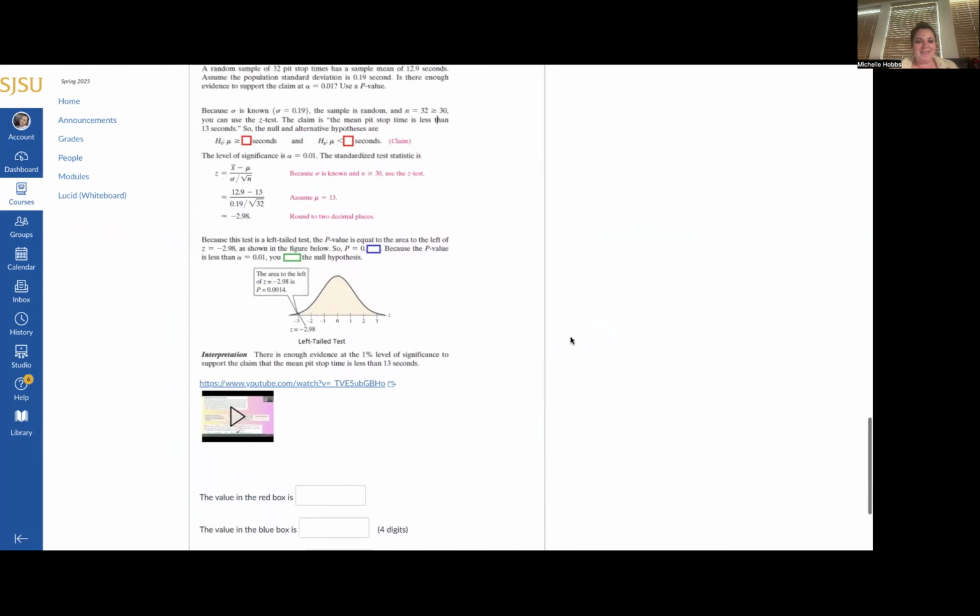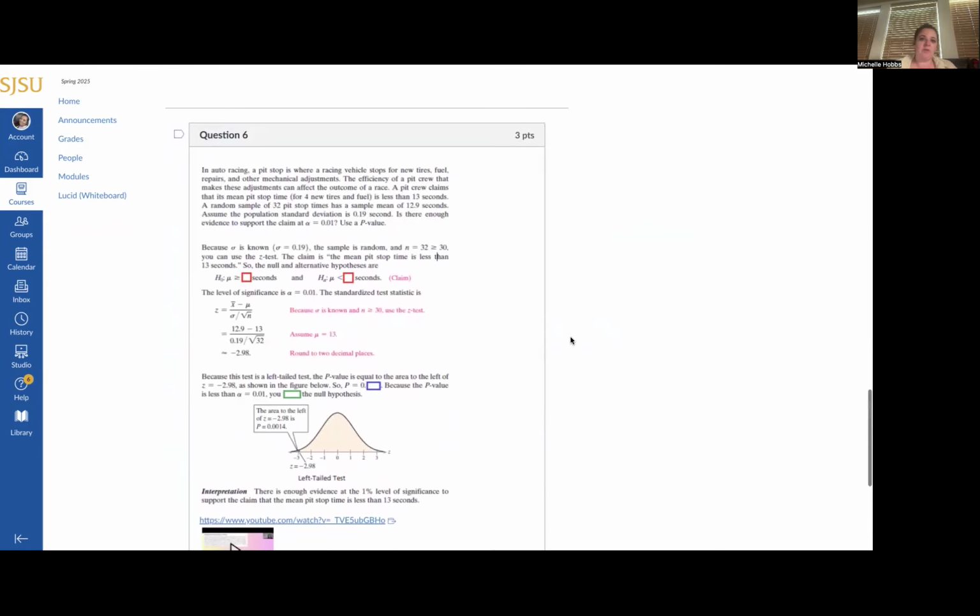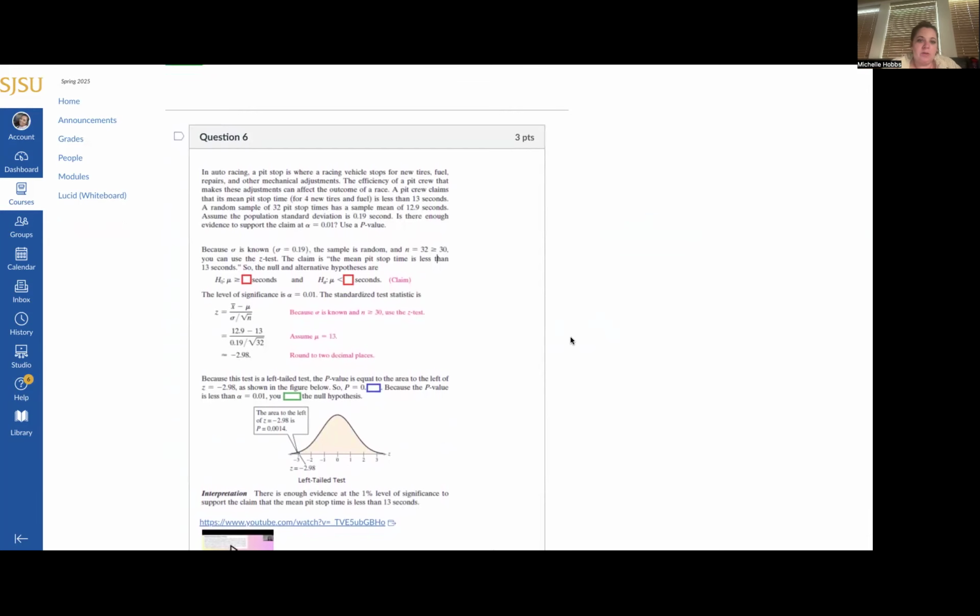Okay, let's see here. Auto racing, a pit stop is where a racing vehicle stops for new tires, fuel, repairs, or other mechanical adjustments. The efficiency of a pit crew that makes these adjustments can affect the outcome of a race. The pit crew claims that its mean pit stop time for 4 new tires and fuel is less than 13 seconds.